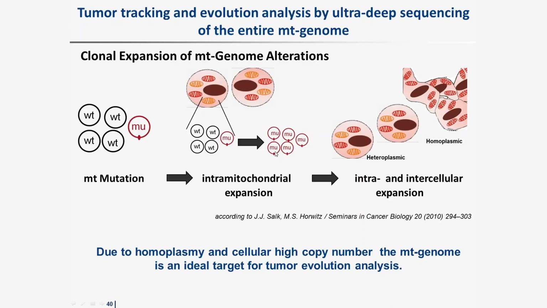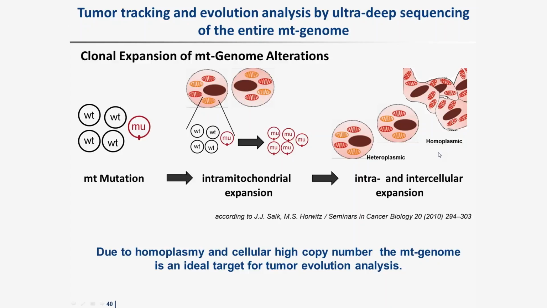And due to a selective advantage in, for example, replication and maybe also other mechanisms which are not totally understood, the mitochondrial genome undergoes an intramitochondrial expansion and also intercellular expansion, so that after a while nearly all cells carry mitochondria with a genome which is then mutated, and that we call homoplasmic mutations.